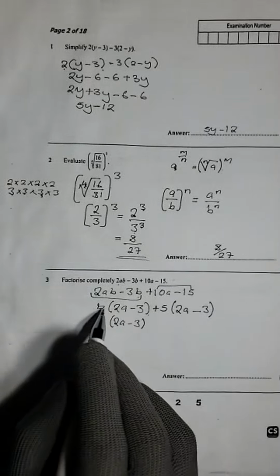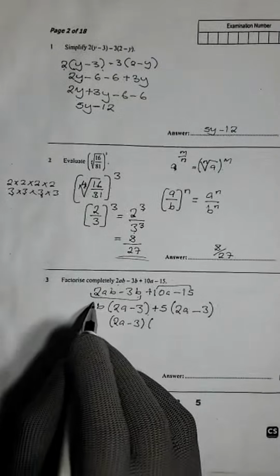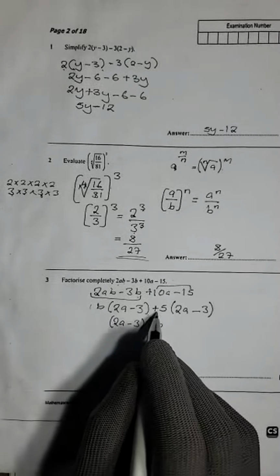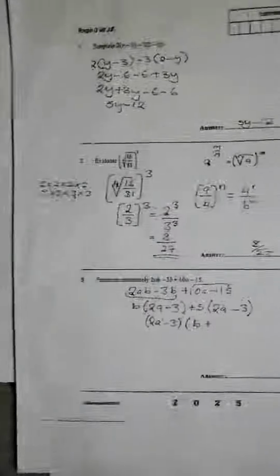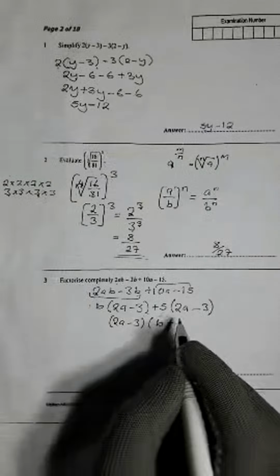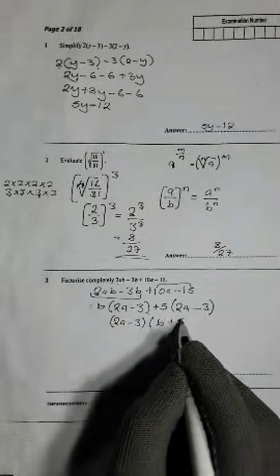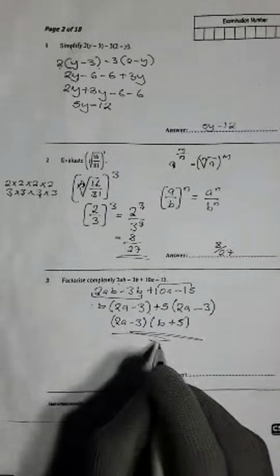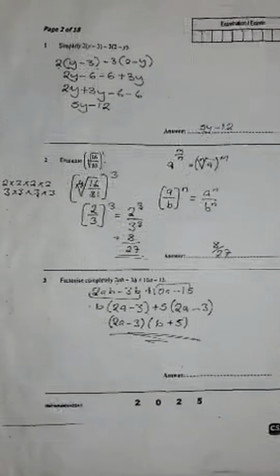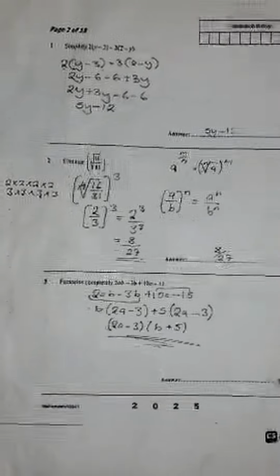Then just put in brackets whatever is in front of each part, which is b here, attach it to this one, which is positive 5. And this is the final answer. Simple, right? It's as simple as this.